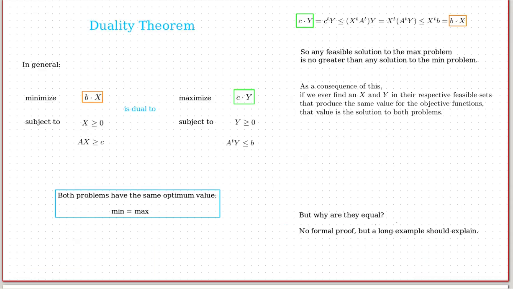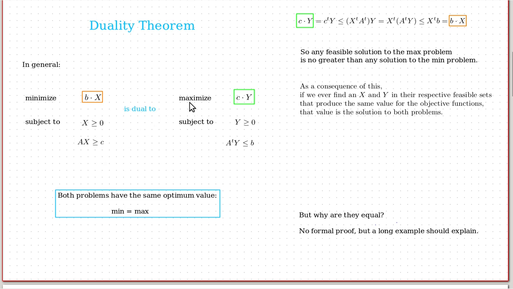Okay, so now let me just state the duality theorem formally and as concisely as possible. In general, if you have one problem, which is a minimization problem, it's of the form: minimize b dot x subject to the constraints that x is greater than or equal to 0 and Ax is greater than or equal to c.